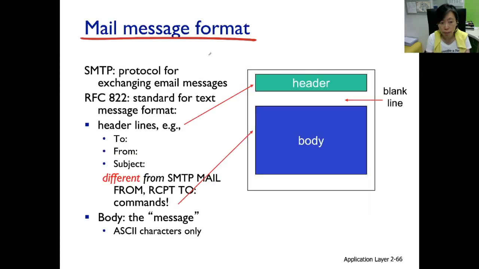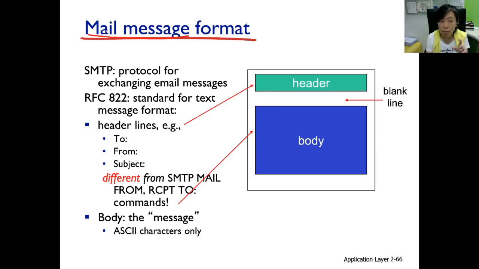Mail message format. So there's yet another protocol that defines how the email messages should look. This will be the data part of the SMTP protocol message exchange. If you recall in the example earlier, there's the opening phase, some control messages being sent, and then comes the actual data before closing.